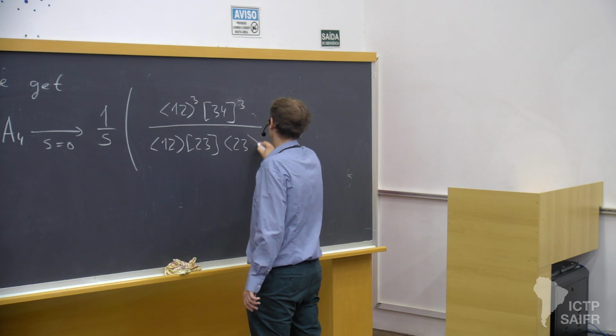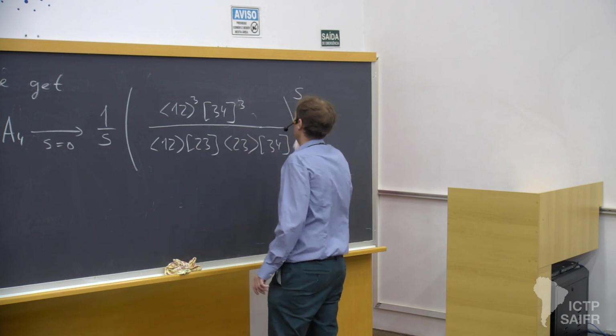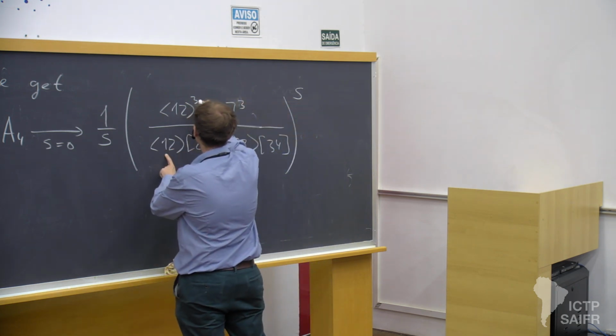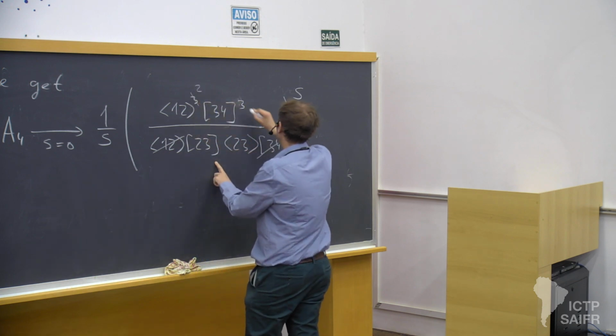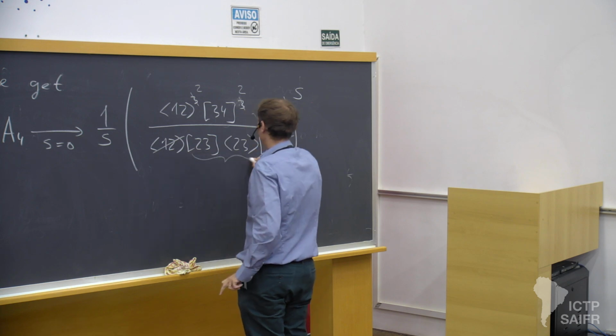The minus signs canceled. We had no signs here. Okay, so 1, 2 cubed: this cancels, this put squared. 3, 4 cancels, put squared. And this product is equal to T.